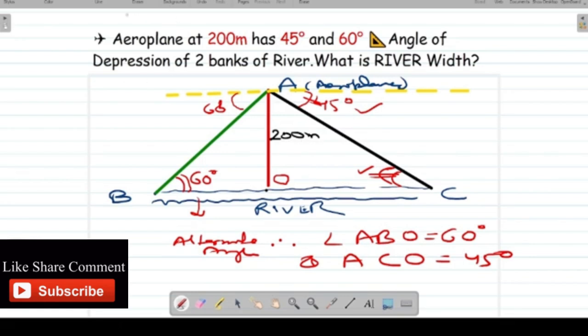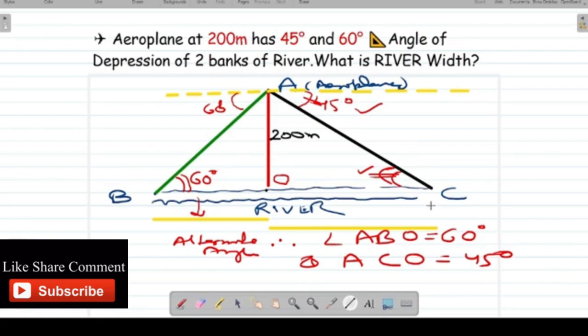So how will we calculate it? Let the width of the river consist of two parts, BO and CO.